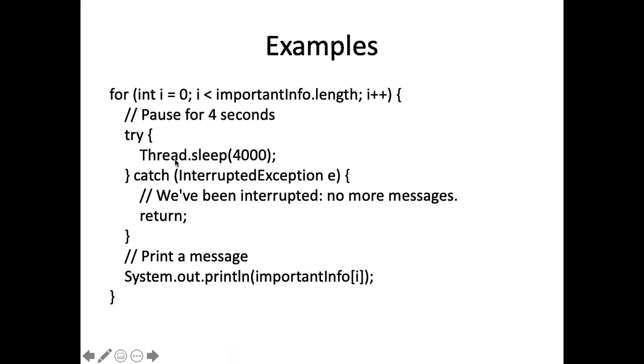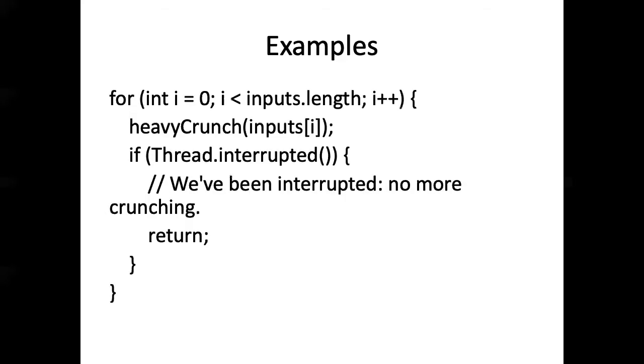And if I'm interrupted during that sleep process, I catch the exception and I return, so I stop. Otherwise, if the try successfully terminates, after roughly 4 seconds, I print the next message. So that's how it works with the interrupted exception.